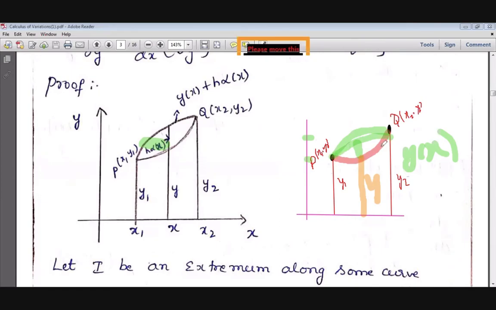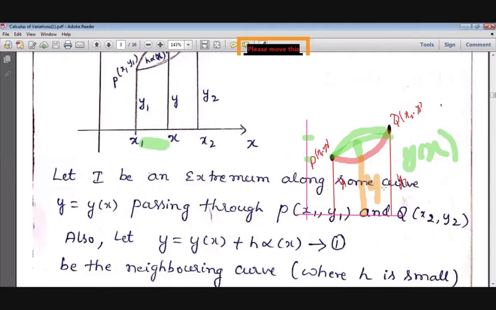This is different, this is Y. Understood? This is y of x. Then this is h alpha of x. Therefore, this Y is equal to what happened? You included this green one. Therefore, this Y is equal to what we already had, that is y, plus h alpha of x. Okay, that one I have written here.